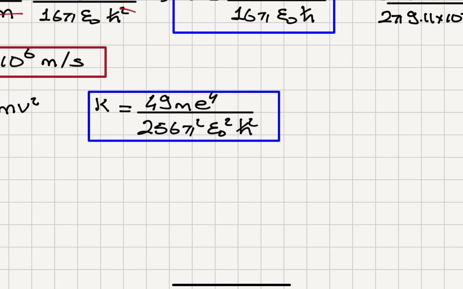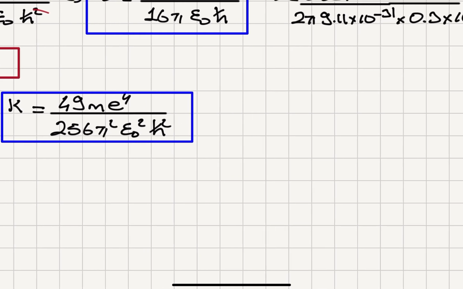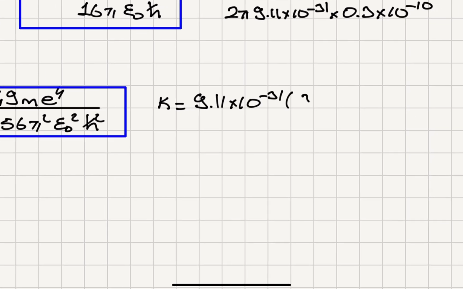And I can calculate this kinetic energy m v squared: 9.11 times 10 to minus 31, v is 3.86 times 10 to 6 meters per second. So m v squared will be equal to 1.36 times 10 to minus 17 joules.